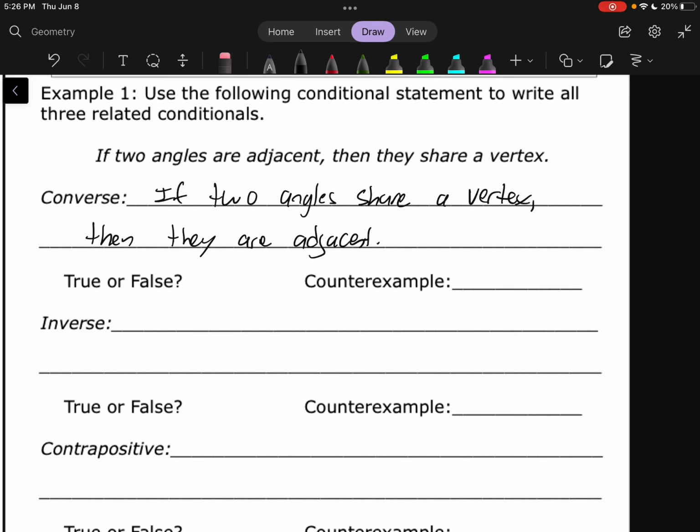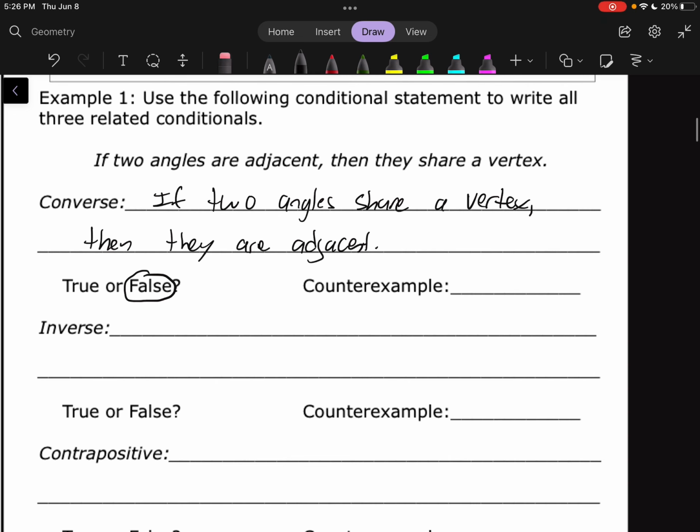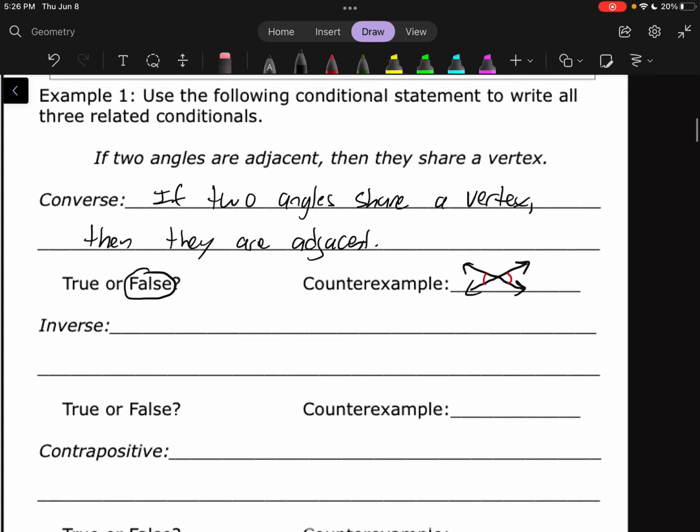And I'm actually going to say that that is false, because two angles can share a vertex and not be adjacent. Like, for instance, what about our two angles here? Right, our vertical angles. Vertical angles share a vertex, but they are not adjacent because they don't share a side.